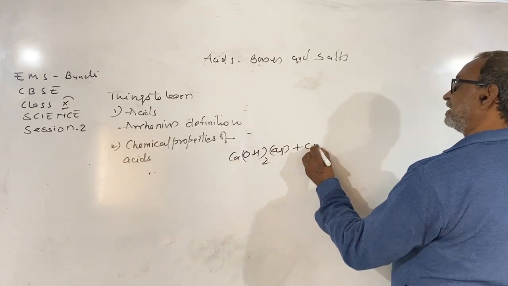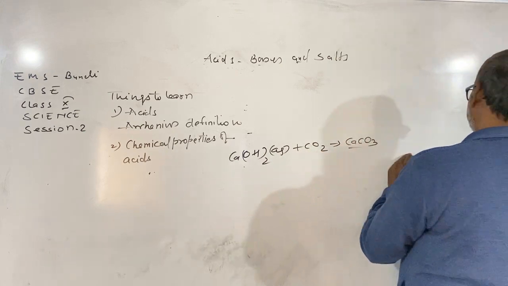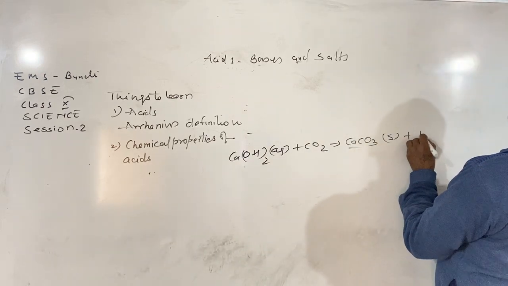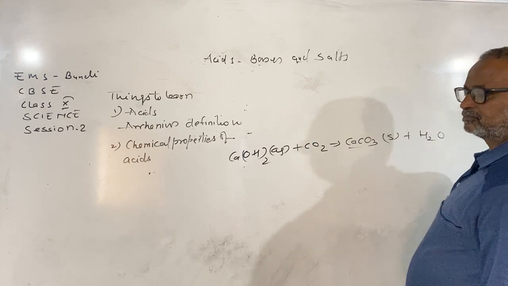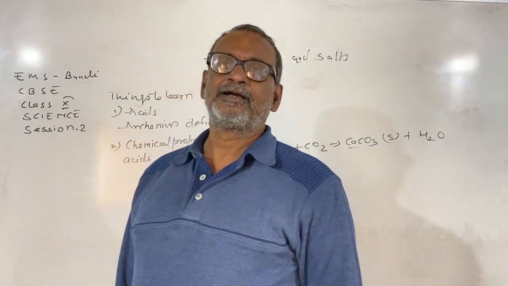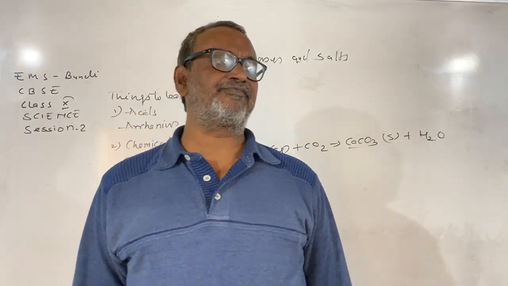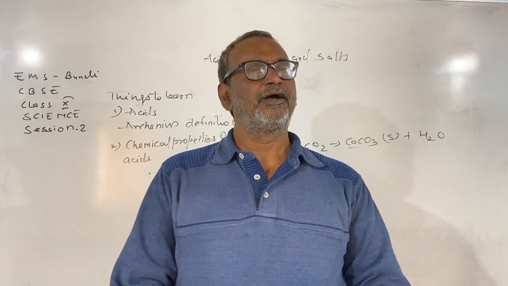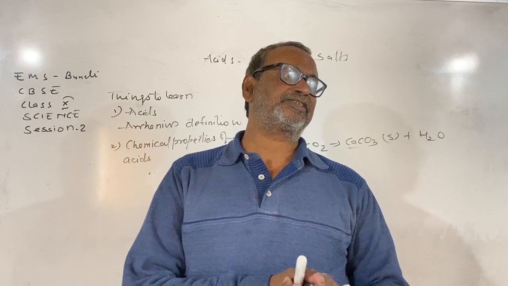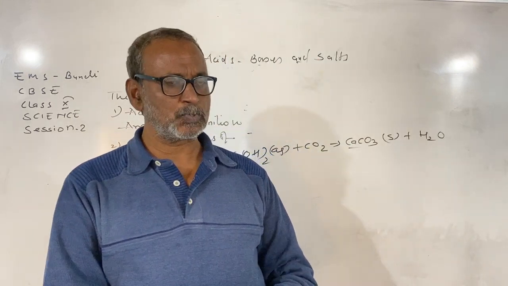When carbon dioxide gas is passed through lime water, it turns milky due to the formation of insoluble calcium carbonate. So you can detect the gas which is liberated when an acid reacts with a carbonate or bicarbonate by passing it through freshly prepared lime water, which turns milky.